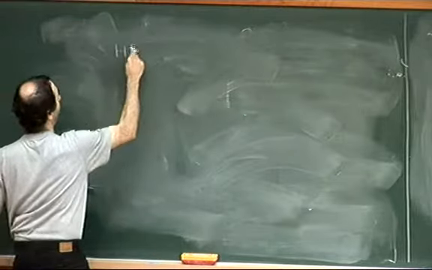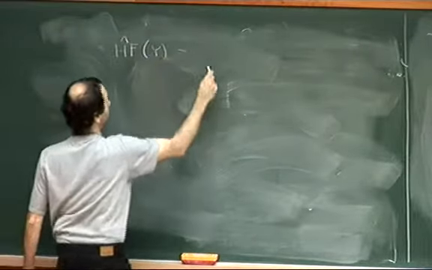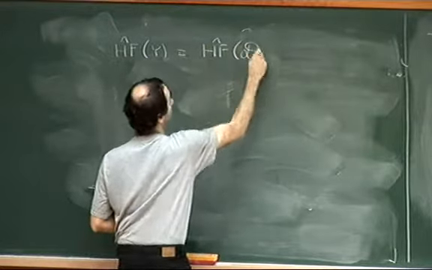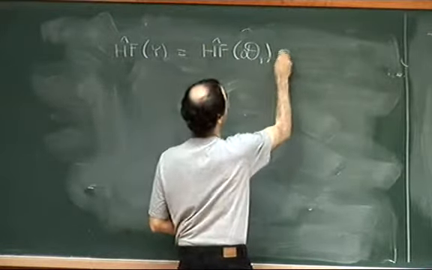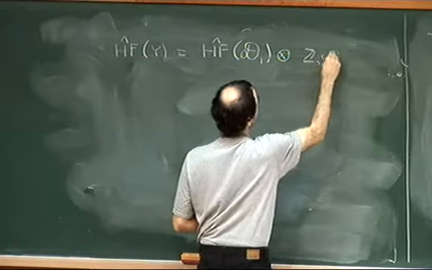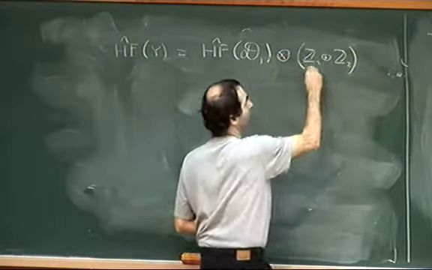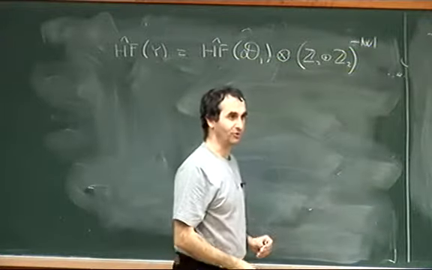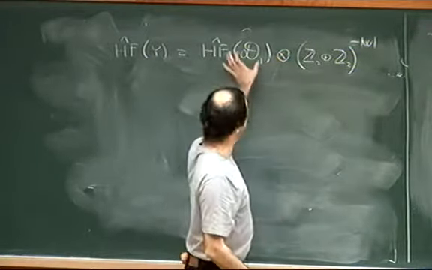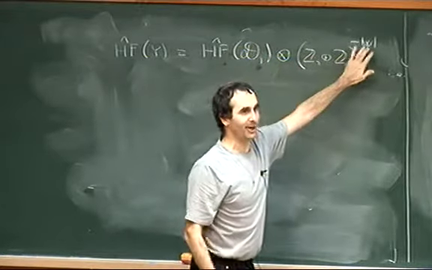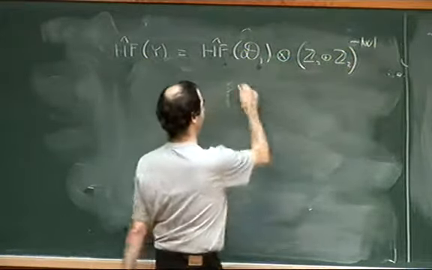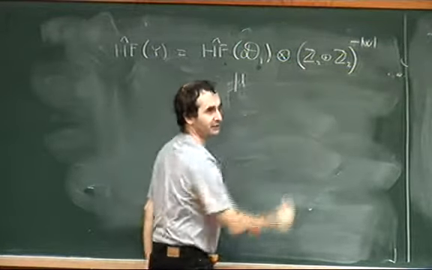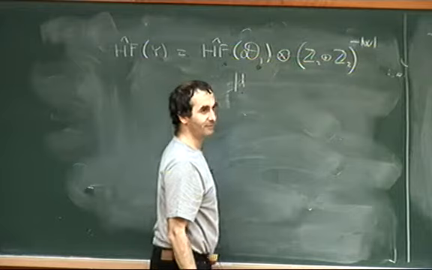So HF hat of the 3-manifold is just HF hat of the diagram tensor Z2 plus Z2 to the power of the number of base points minus one. So somehow you should be able to show that this vector space is divisible by that. So it has a dimension d, and the d is divisible by the dimension of that. Put it on the other side.